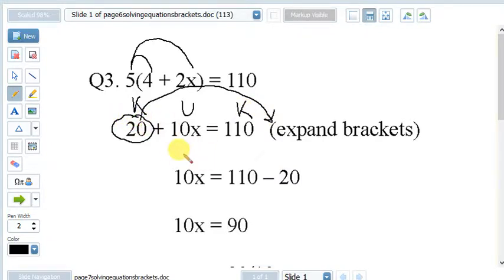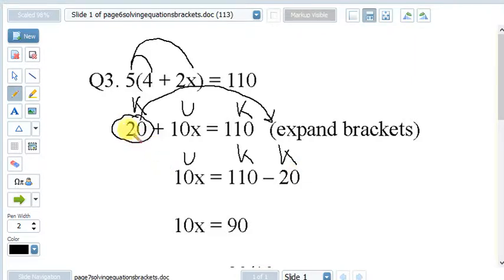So you've still got unknown on one side and the two knowns here. So you don't always bring over the second one here. Okay, if you did bring over the 10x, it would become negative 10x, and that just opens up a world of hurt. Okay, so what we've got here is 10x equals 110 minus 20.